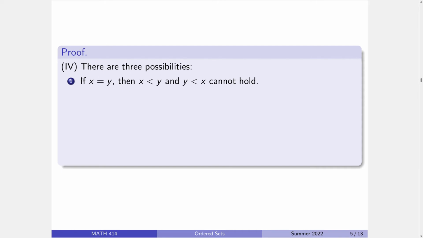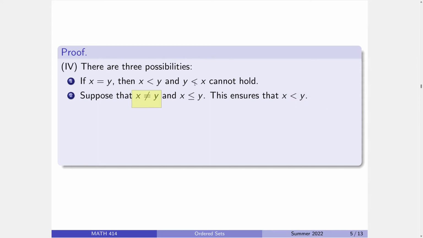All right, so first of all, if x is equal to y, then these can't hold, because these would imply x is not equal to y, so there we go. Now suppose that x is not equal to y, and x is less than or equal to y. Again, that would ensure that x is strictly less than y, so we have that this holds and that this doesn't.